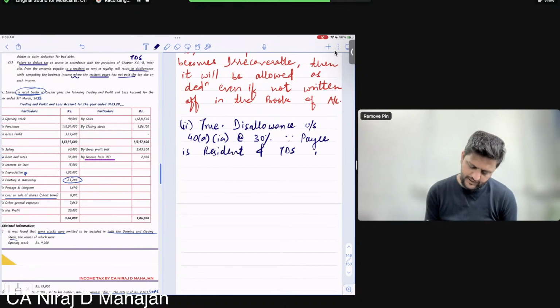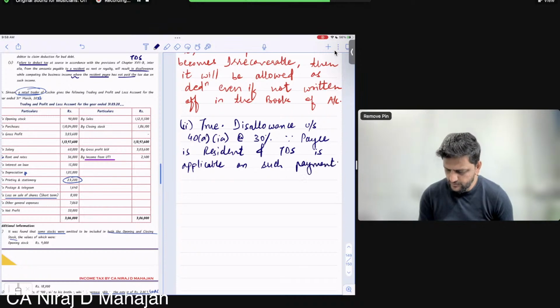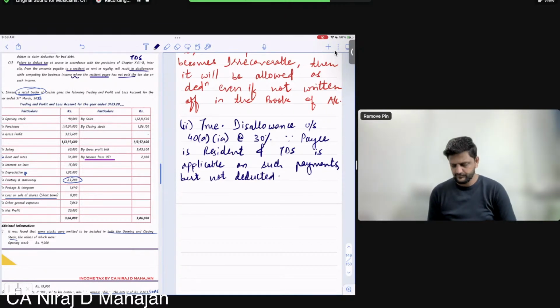And TDS is applicable on such payments, but not deducted at all, है ना? But not deducted. But what? Not deducted.